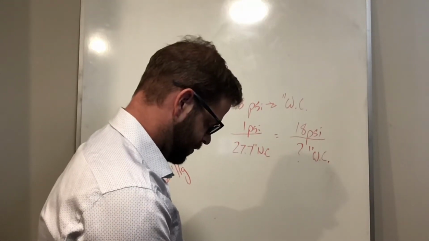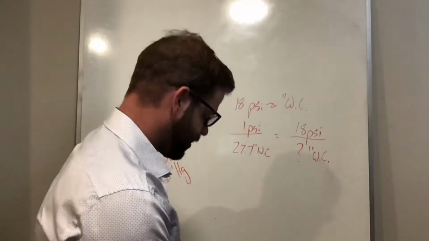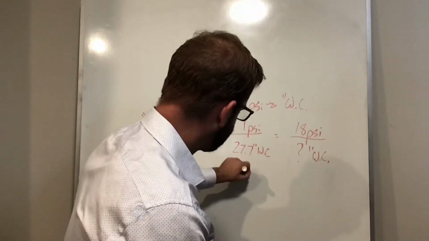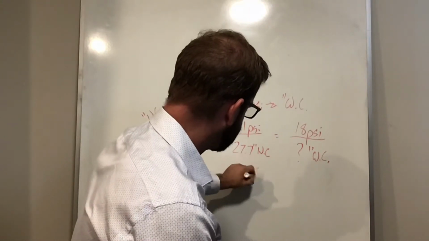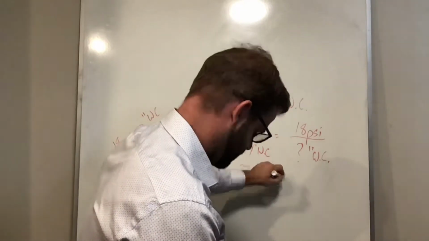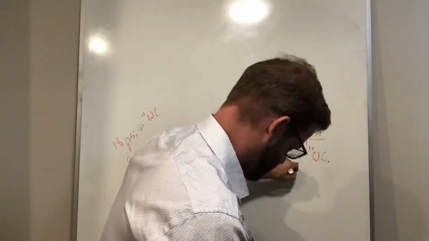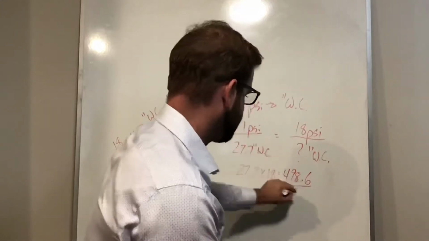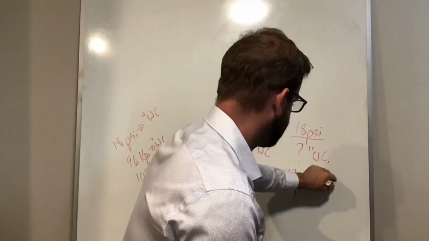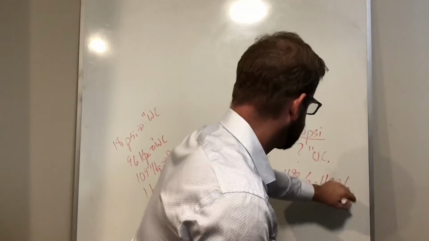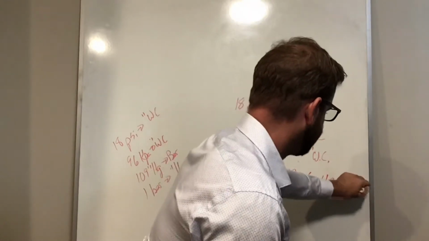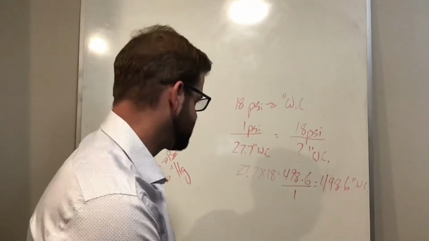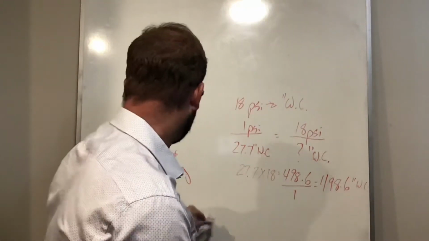We get an answer of 498.6, and then we divide that by 1, which is obviously 498.6 inches of water column. And so that's your answer for the first one, 498.6 inches of water.